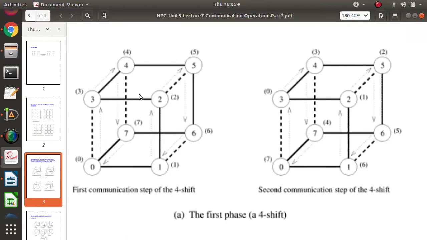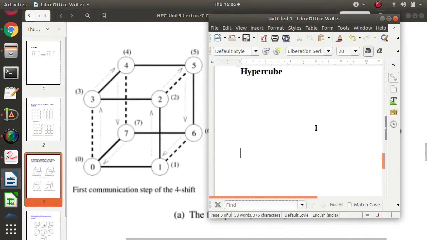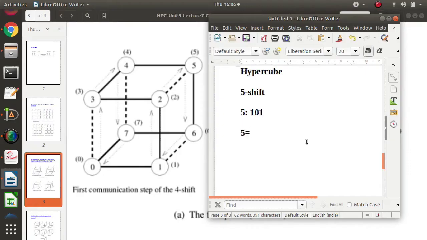Now see how circular shift is done over a hypercube. Directly we'll take the example of 5 shift. Now how is it done? See, 5 is written in terms of binary. How will you write 5 in binary? 1 0 1. Now suppose I want to write 5 in terms of powers of 2. How can you write it?